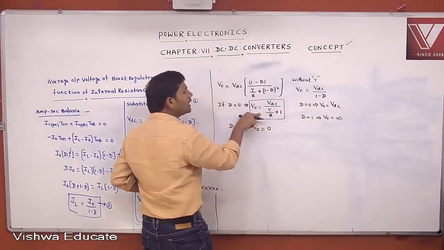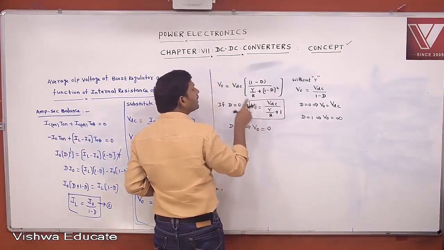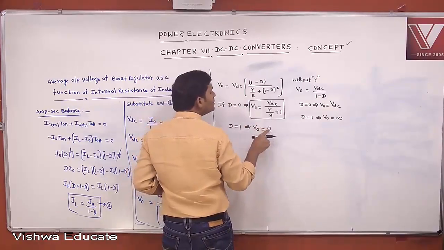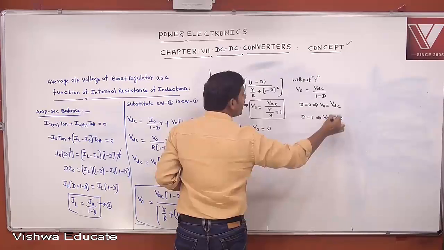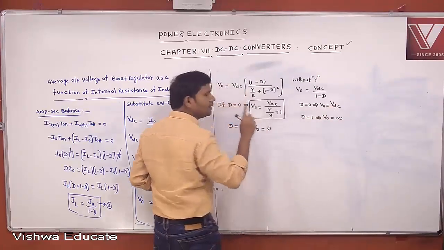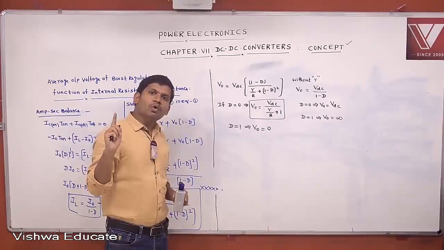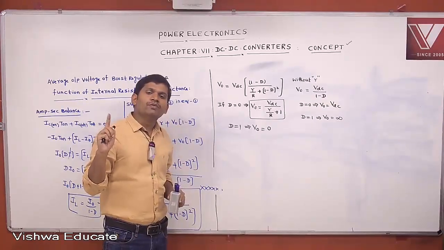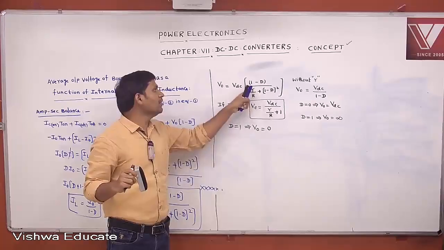This much of voltage we can get. For duty cycle equal to 1, in the practical condition V naught is 0. But in the ideal case V naught is infinity. This is not possible. Even I told in the previous session also, for D equal to 1, don't take infinity. Practically it is 0 volts. This is the proof.